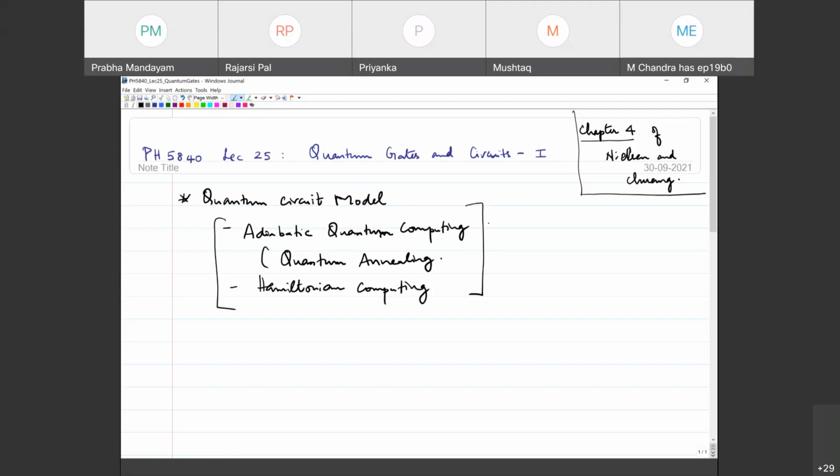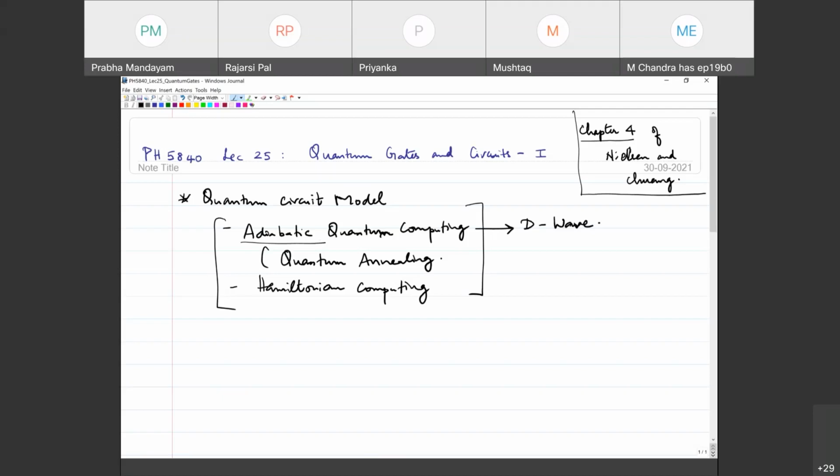In particular, I want to mention that the adiabatic model, which was a theoretical model proposed essentially by physicists rather than computer scientists, is today very popular because of this company that goes by the name D-Wave. Okay, their entire model of computation is based on this so-called adiabatic theorem. It is completely different from the circuit model, which is what we will discuss.